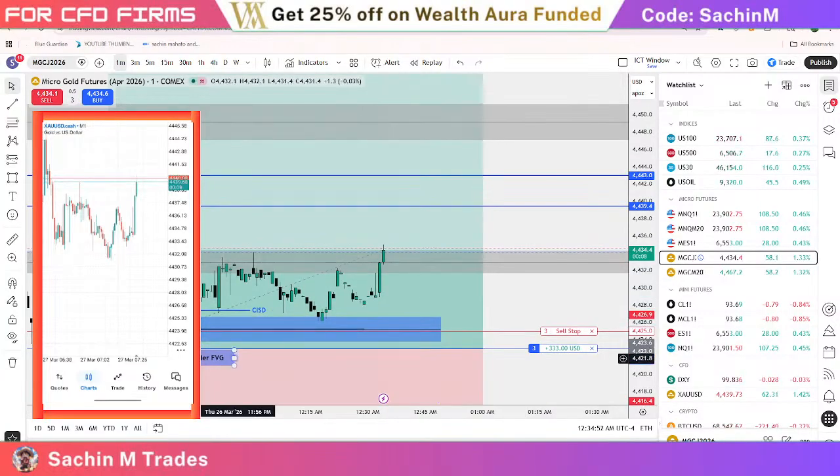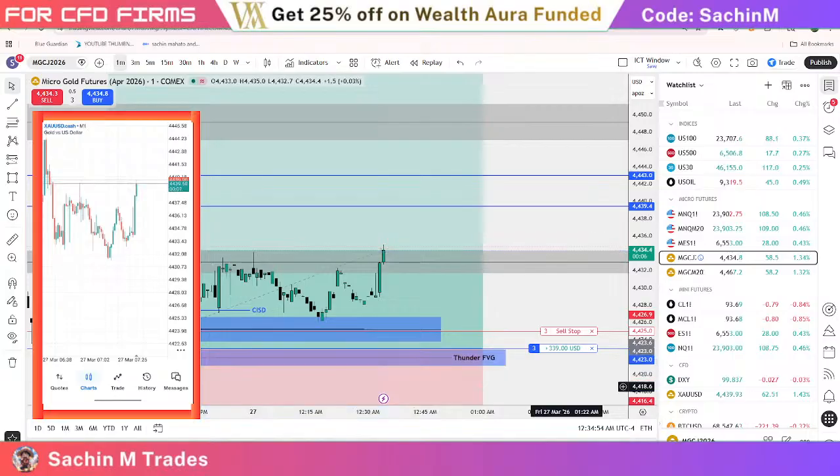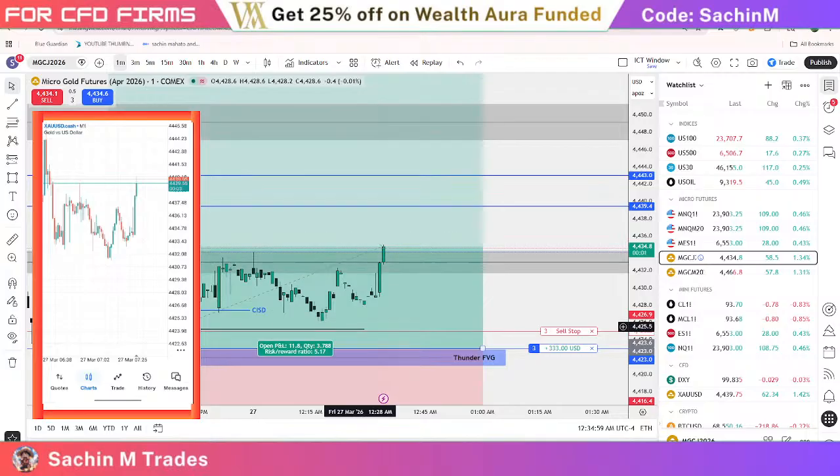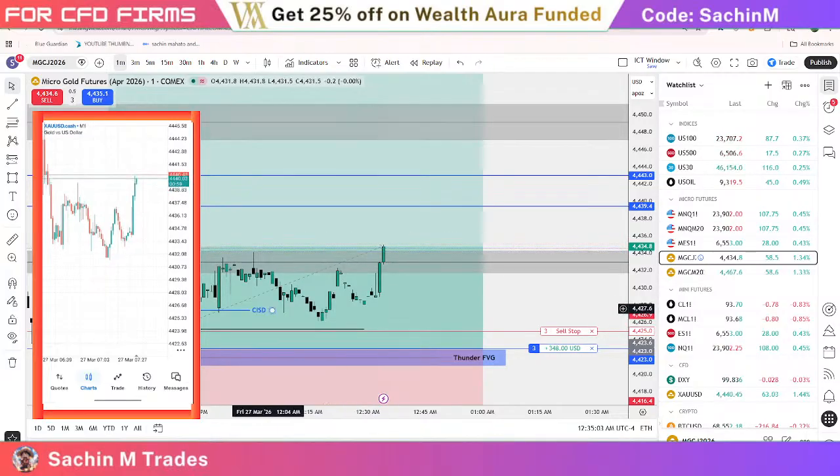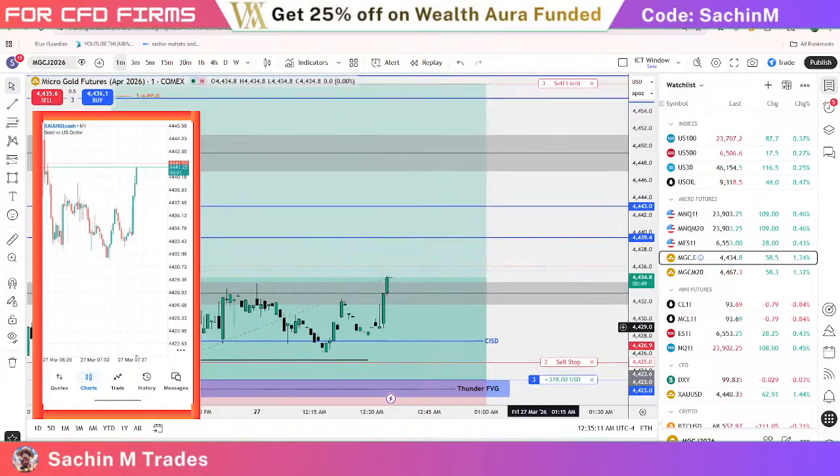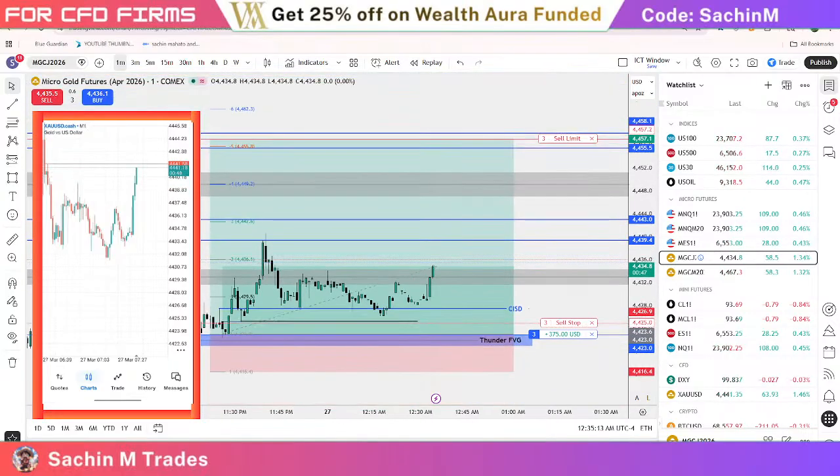We have entered with the Thunder FVG. This fair value gap was CISD plus FVG. I think we will not require this anymore. Here is the CISP that worked to keep the prices higher, and now the market is going up towards our target.